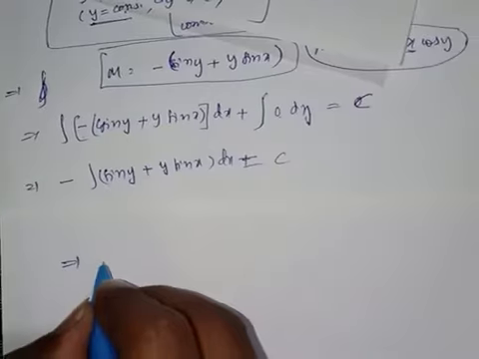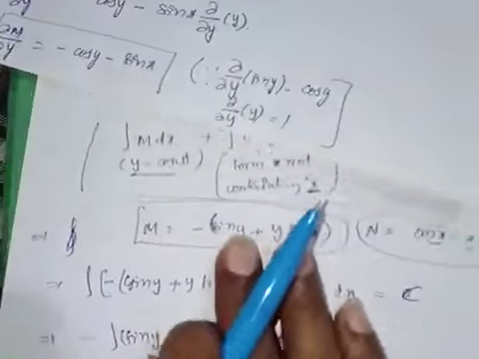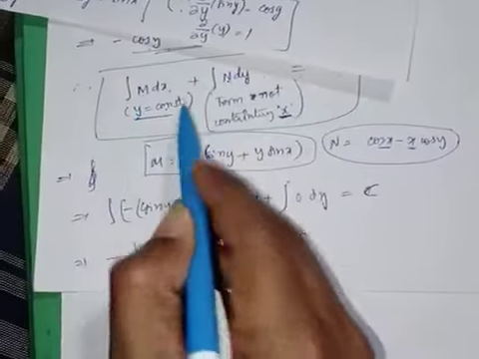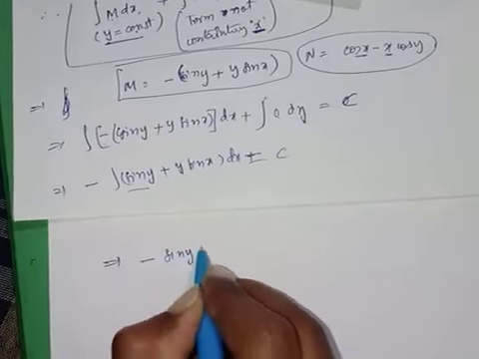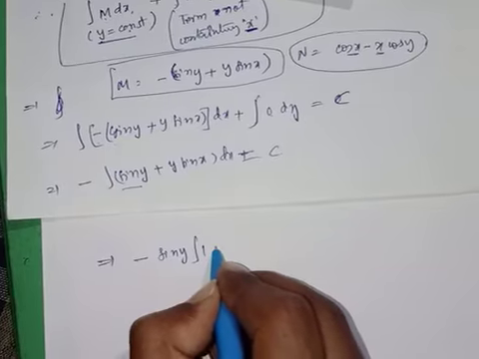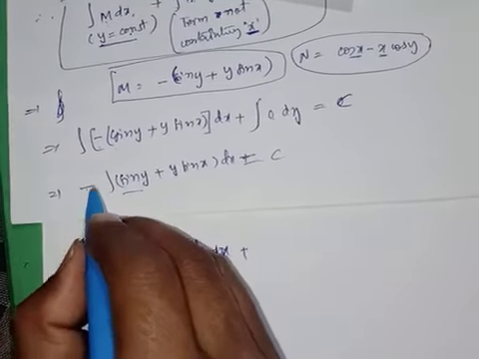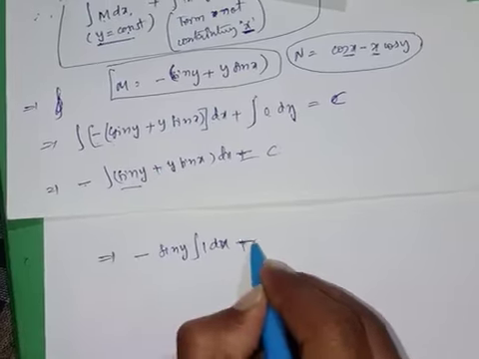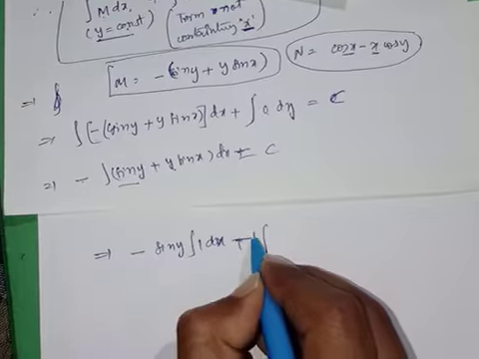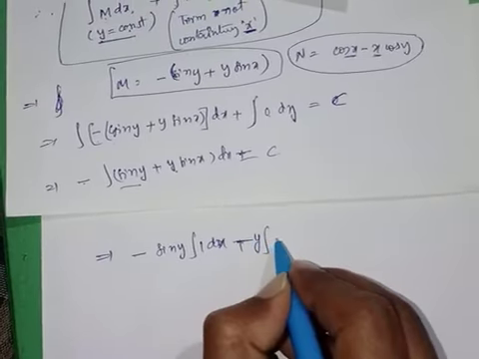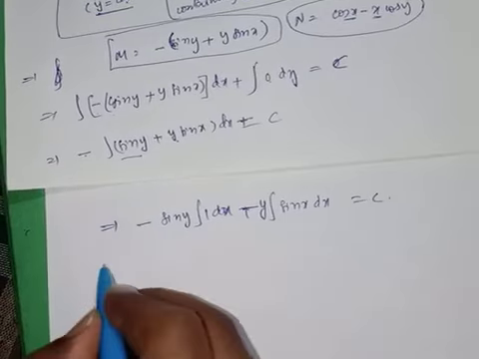In m, y is constant, so take it outside. Negative sin y, constant, integral of 1 dx, plus minus y, which we can also treat as constant, taking common, integral of sin x dx is equal to c.